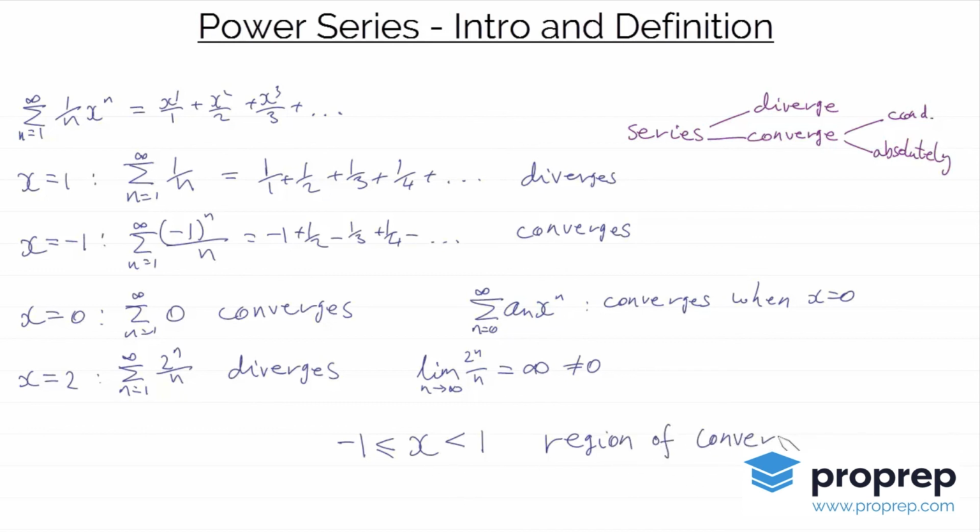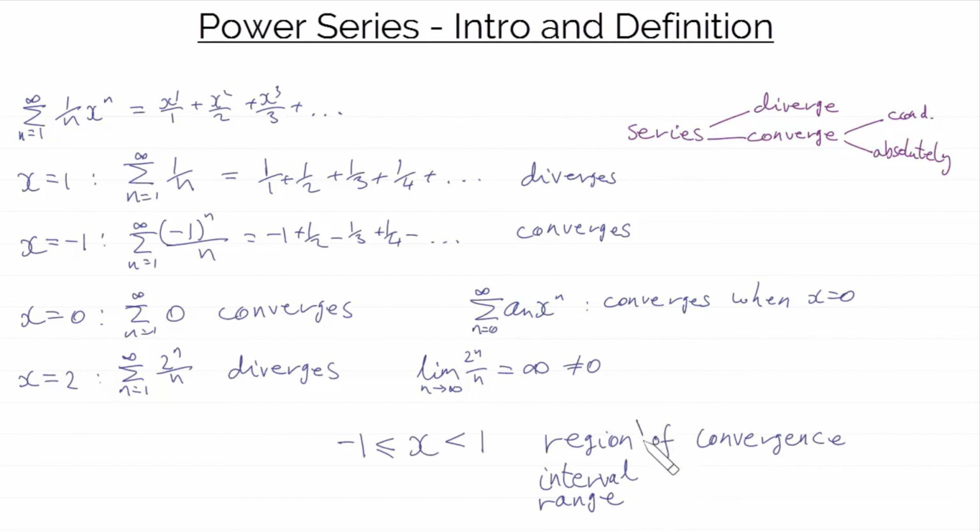It's just the set of values of x for which the series converges. In this case, we can see it's an interval. In fact, it always turns out to be some kind of interval, so it's also called the interval of convergence, and sometimes the range of convergence. So all these three are possible: region of convergence, interval, range. And now I'm going to give a theorem about what we can expect.